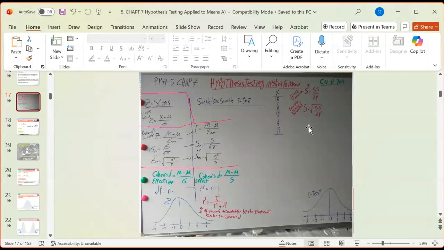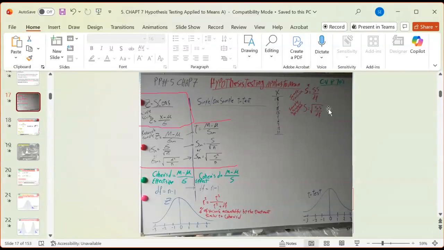If you look at the top right side of the screen, from the previous session, this is how you calculate your standard deviation and variance. S squared, variance for the sample, is SS over DF. At this point, you're not going to calculate the SS manually.